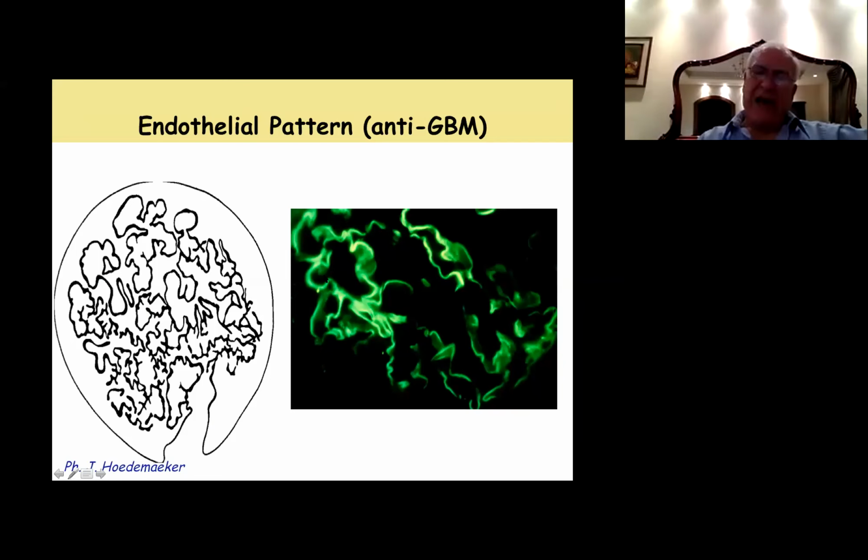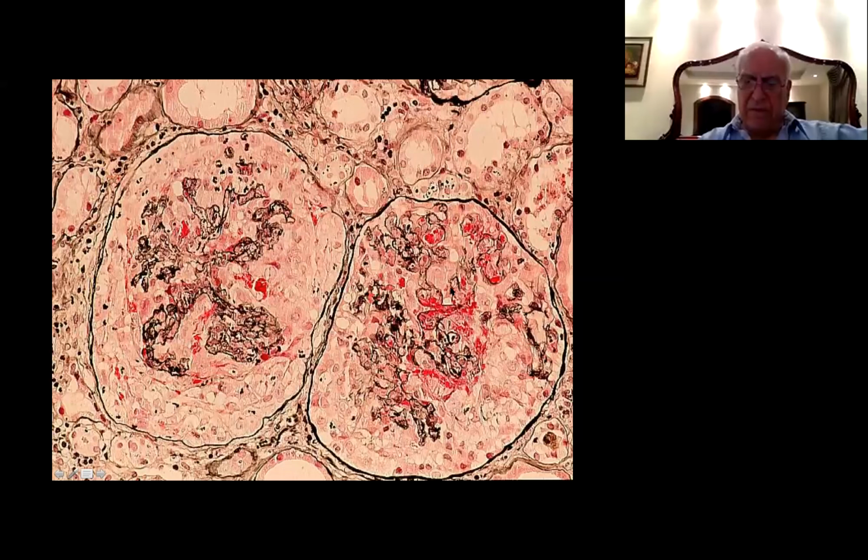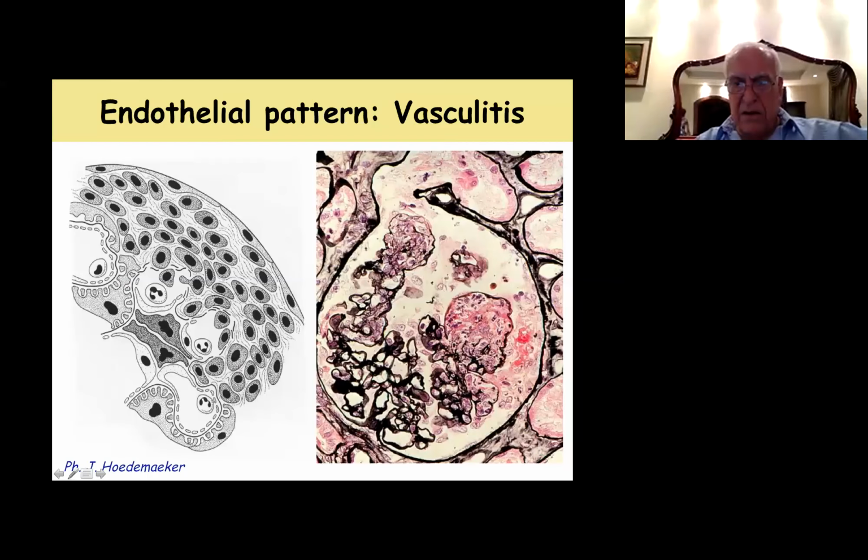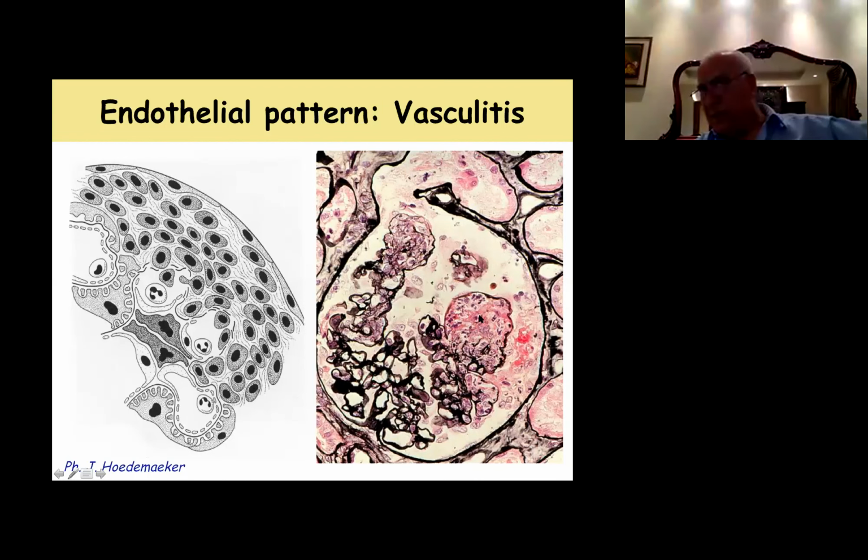If you don't see anything, but you have more necrosis, as in this area, then you have to think about vasculitis. The rest of the glomerulus looks fine. And this here is an inflammation. Okay, it's a necrosis, what you have.